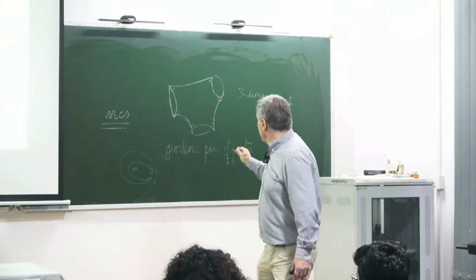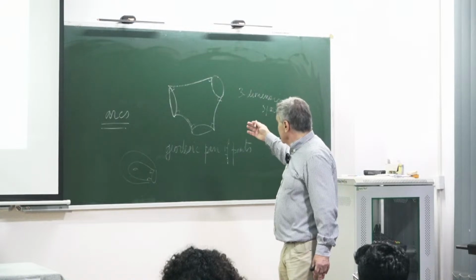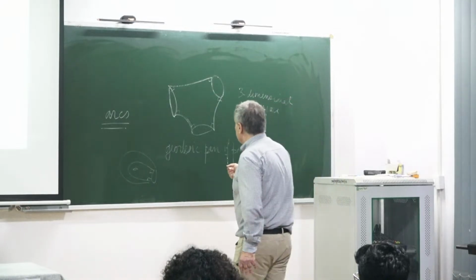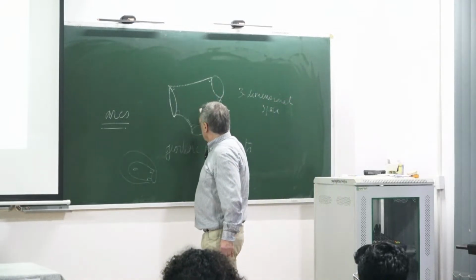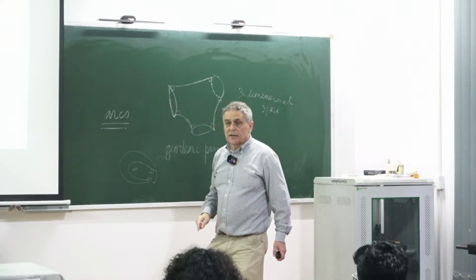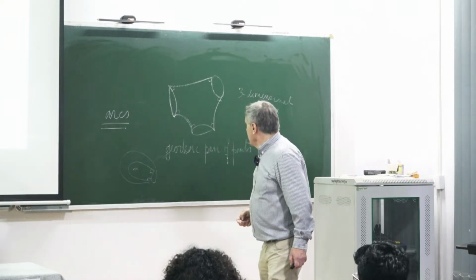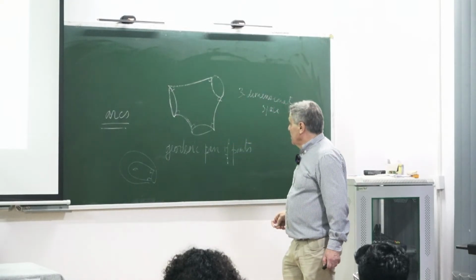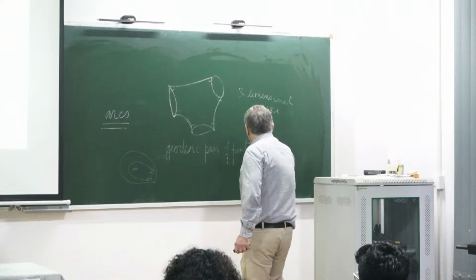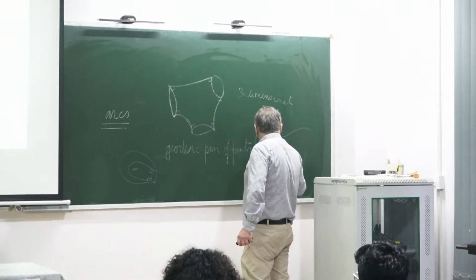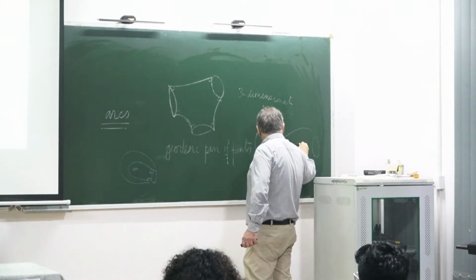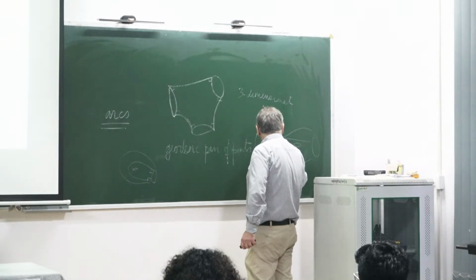No. The parameter space is three-dimensional because I can parameterize either by these three lengths or these three lengths. So it's three-dimensional. Yes, just the length. So when I deal with arcs in general surfaces, I'm just interested in the length of these arcs.